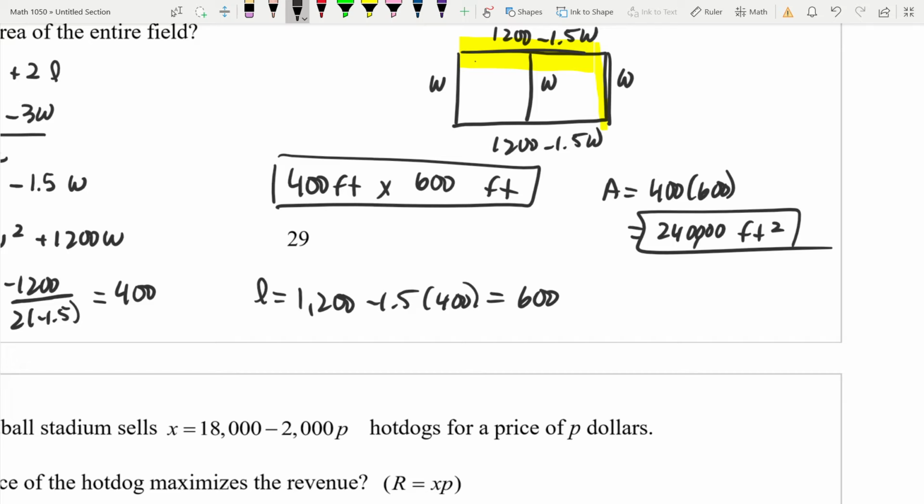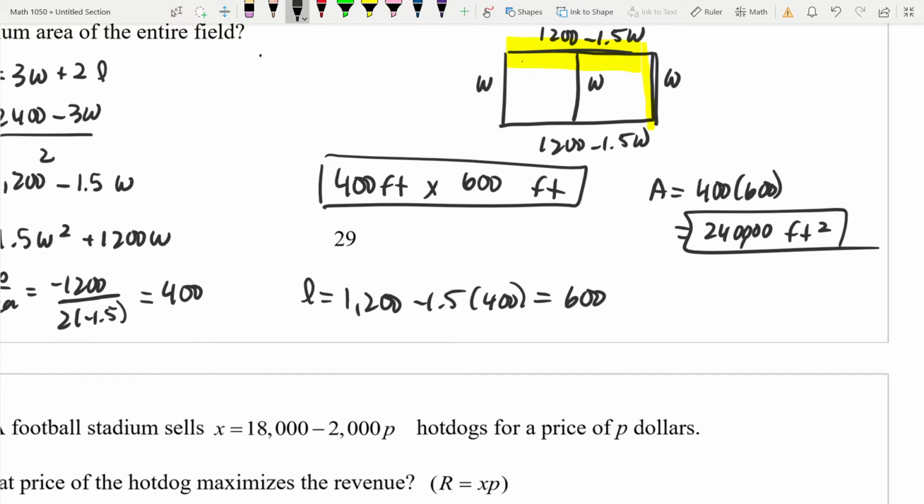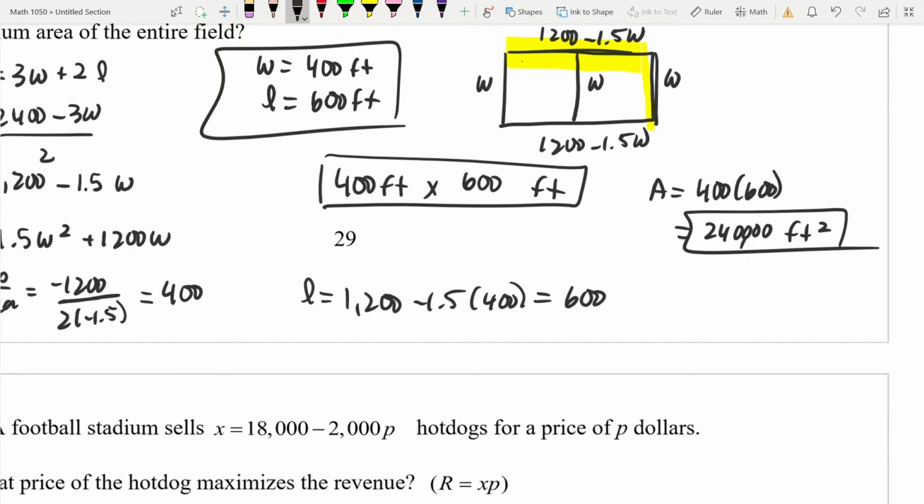I have a question for you. I want you to listen. If you wrote this down, my width is 400 feet, and my length is 600 feet, that is wrong. I've never written it like that. I wrote it like that, not noting which was which. Can someone tell me why that would be wrong?